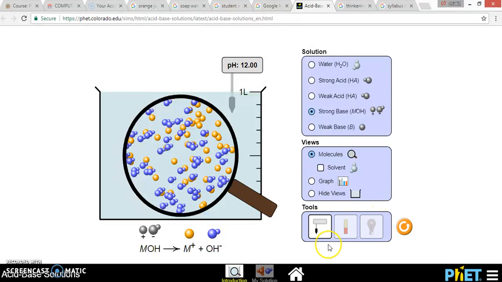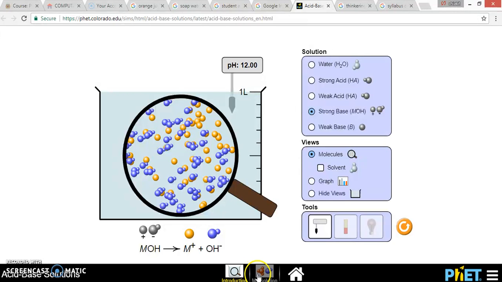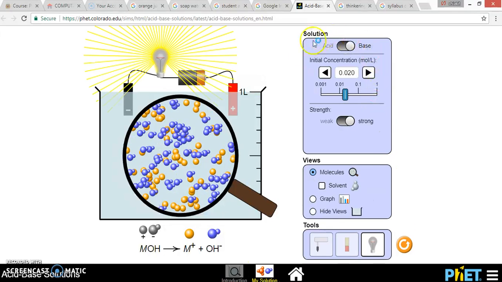Okay, after that, the students can also know the concentration effects by discovering by themselves through the worksheet here. So the students can know that if the concentration of the acid is higher, the pH will become lower. If the concentration of base becomes higher, the pH will become higher.